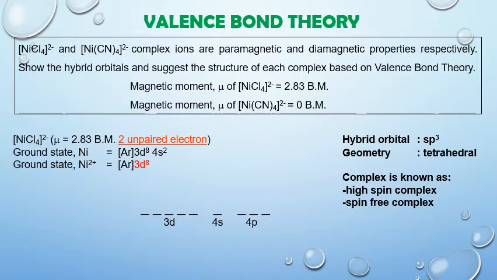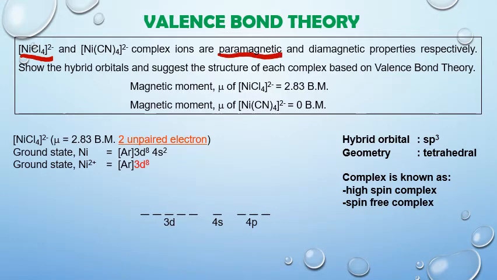Alright, let's look at this example. There are two complex ions and you are given the magnetic properties for both complex ions. Nickel tetrachloro is paramagnetic.